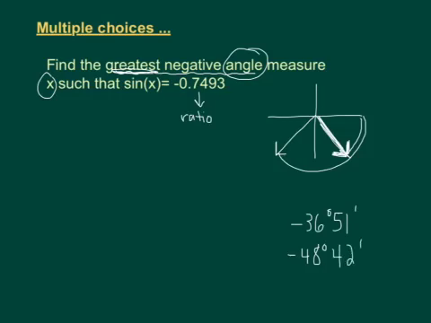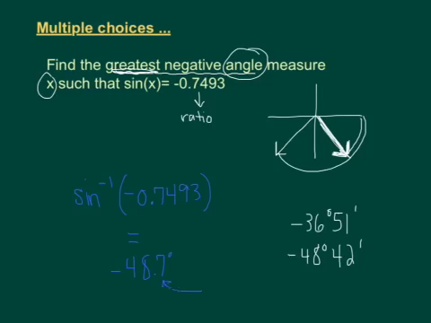So we'll have to narrow it down from here, and to do that I'm going to use my calculator, because calculators know all of these ratios by heart, even the ones that aren't so special. So I'm actually going to use an inverse sine function here to determine the angle that has this sine ratio, because it's not one that I'm too familiar with. And when I push enter there, paying attention to my mode, I'm getting negative 48.7 degrees.